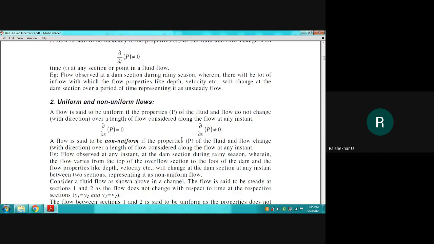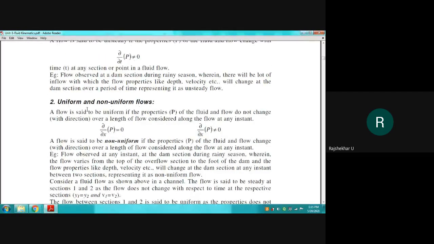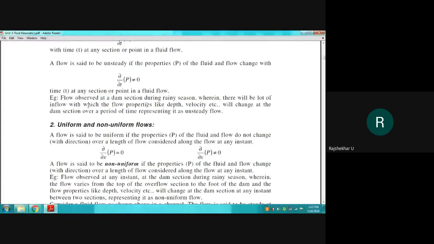Okay. Yes. Next we have uniform and non-uniform flows. A flow is said to be uniform if the properties P, again we are using this symbol P, meaning properties of the fluid, do not change with direction. So earlier it was time, where we were differentiating with time.